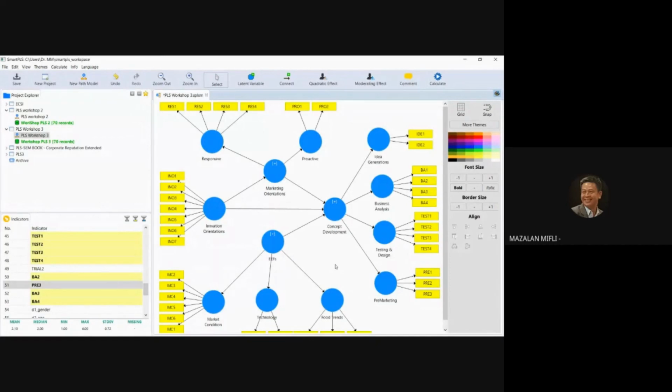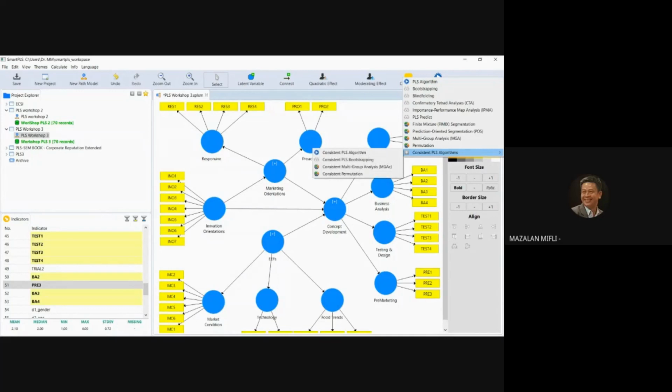Even now, we have the PLS algorithms and then the consistent PLS algorithms. Like I shared with you last week, you should use consistent PLS algorithms when you are running reflective models, the one that I have here.